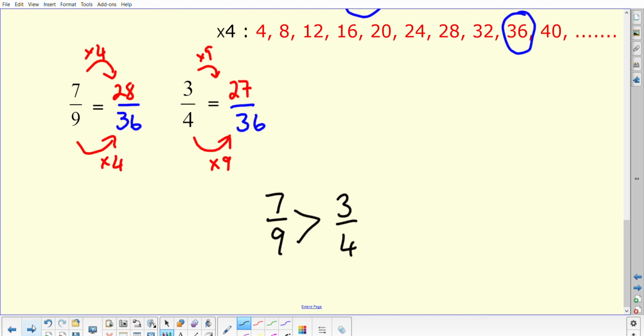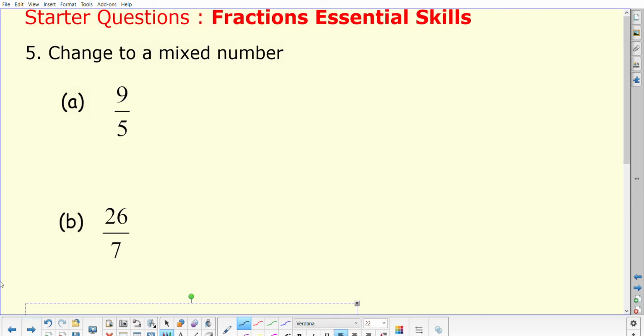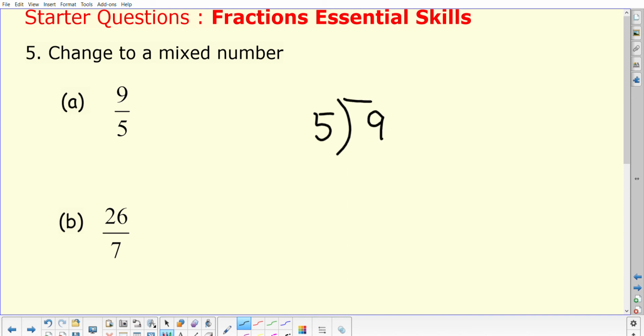Now, the last fraction skill that you've met is the idea of working with mixed numbers or improper fractions, which is what 9/5 is. It's a top-heavy fraction, and the method for changing that into a mixed number is you take the bottom number and you divide it into the top number.